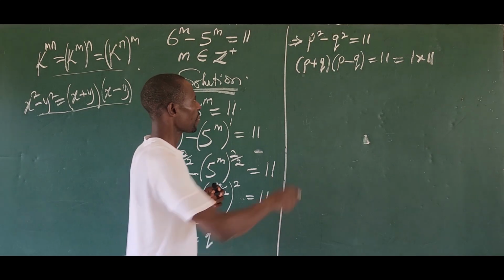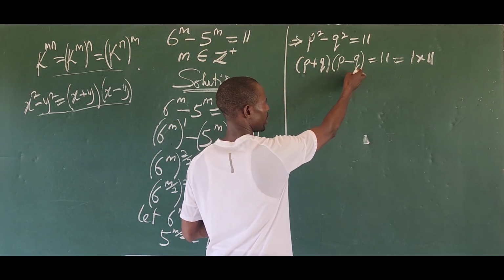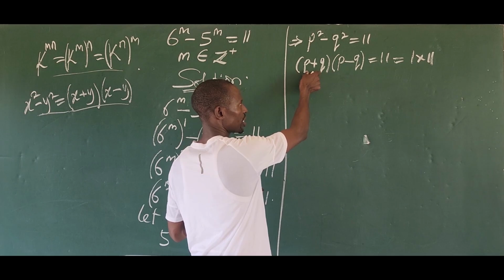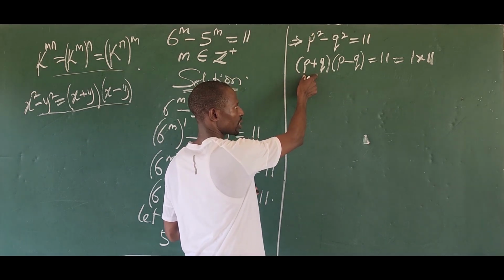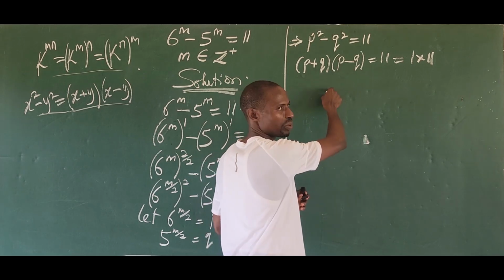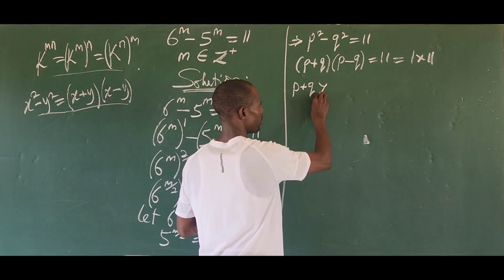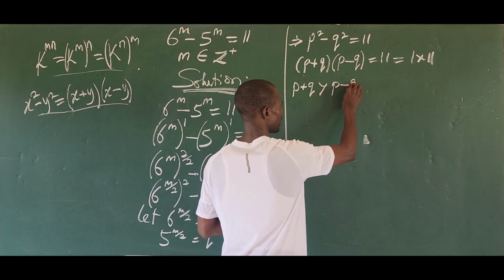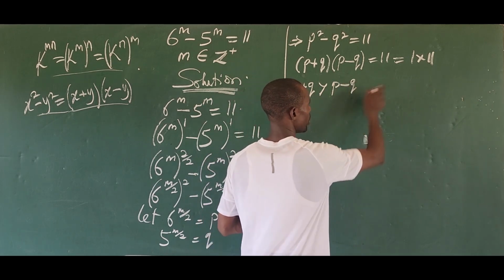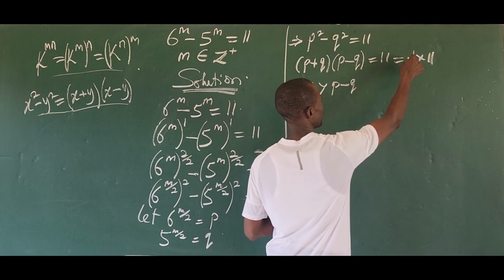If we are having p plus q and p minus q, this is a summation. So the summation of these two quantities will be far greater than the subtraction we have in here. Why? Because p plus q is greater than p minus q. So if it is true, then this will take this, and this will take this.